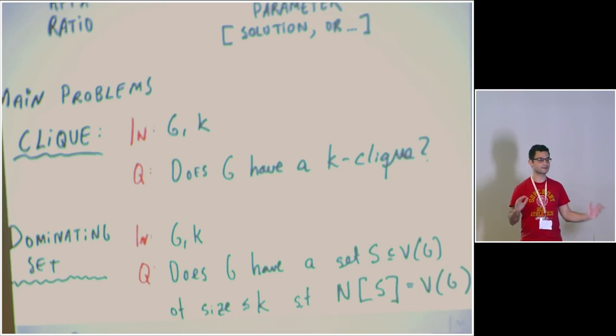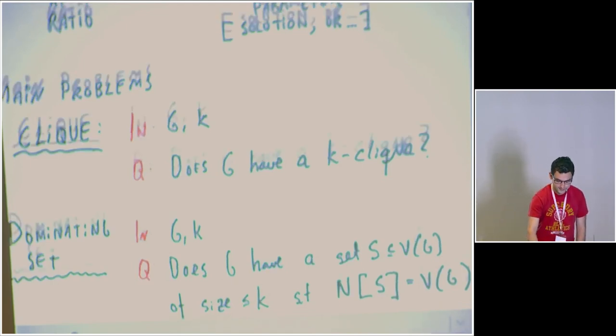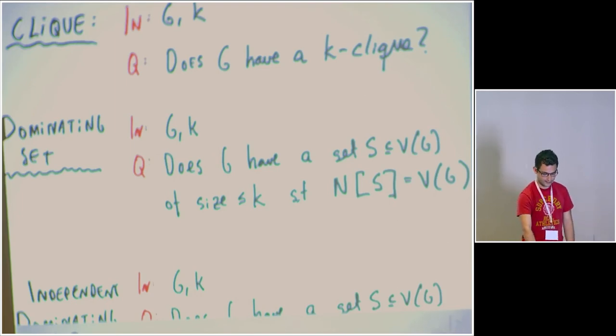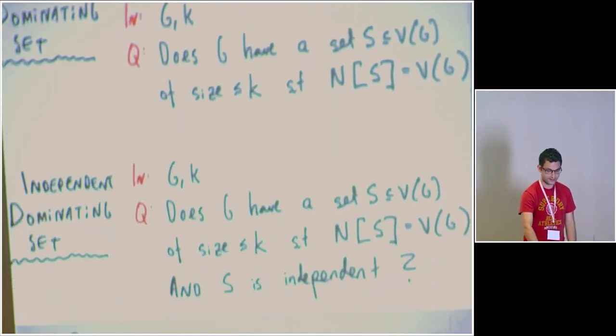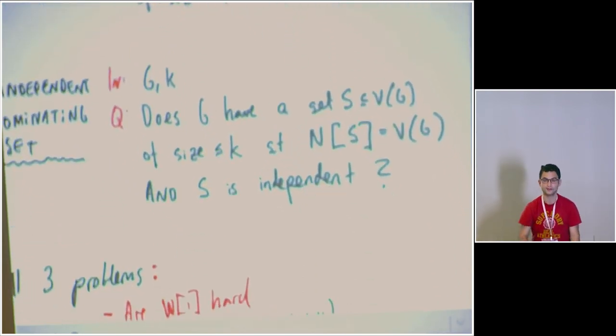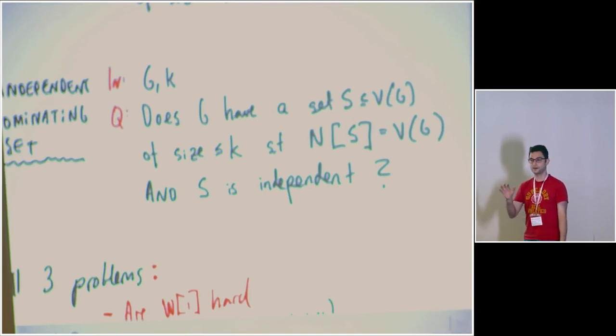At least try to find one of size at least K. Dominating set you also know, so find a set of vertices such that every vertex not in the set has a neighbor in the set, and make that set as small as possible, preferably of size at most K. And independent dominating set, that is a dominating set that also happens to be independent. So you want to find a dominating set, so everyone who is not in the set has a neighbor in the set, but no two vertices in your set are adjacent.